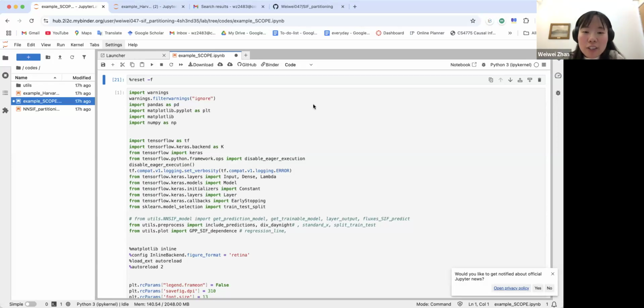Yes, great question. In this notebook, we do not show how we tune the hyperparameters. I just put the final choice of our hyperparameters, basically the number of neurons for each hidden layer. Before that, we did hyperparameter tuning using the Shaper library. We go through different combinations of hidden layers.